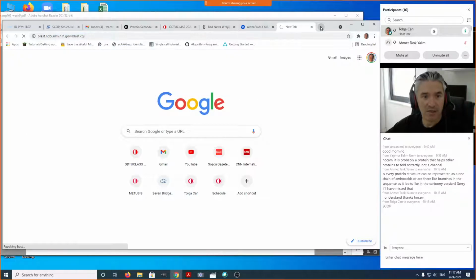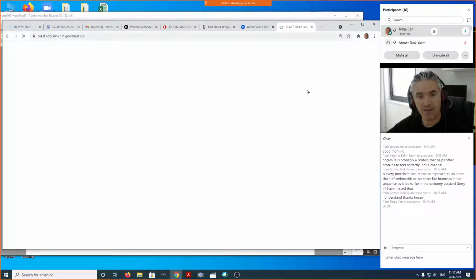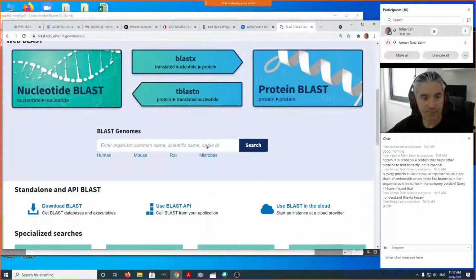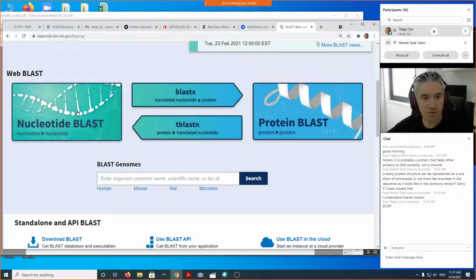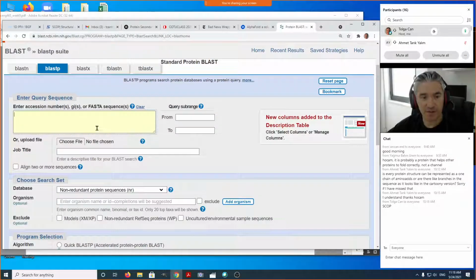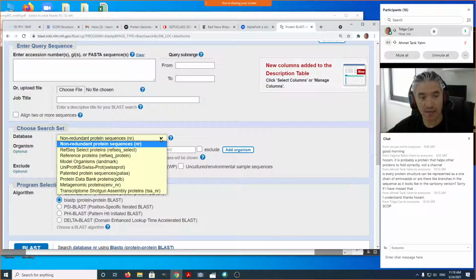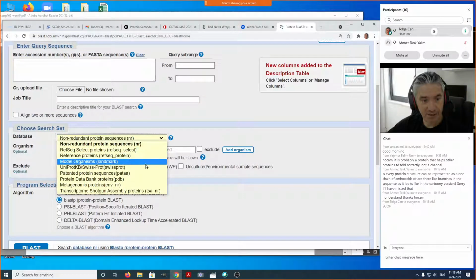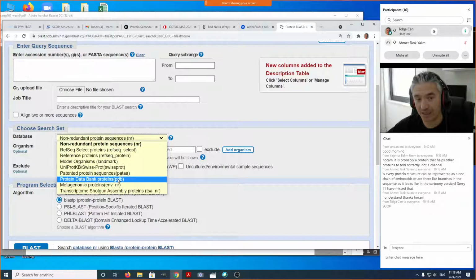If you go here, let's do nucleotide BLAST, or if you have a protein, protein BLAST. So imagine we have a protein. Okay, we enter its FASTA sequence here, and then as the database to search against, I can select here the protein data bank proteins.